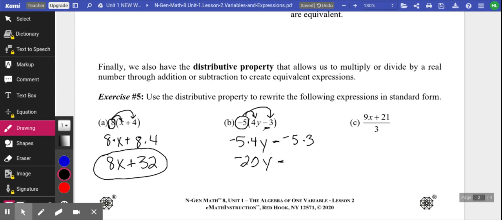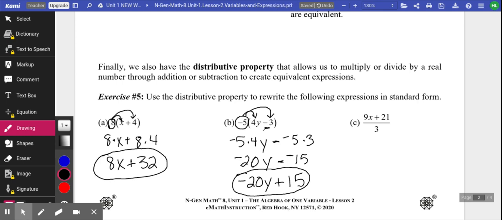Minus -5 times 3 is -15. And then I can use keep change switch since I have minus and negative. So -20y, keep, change minus to plus, and -15 becomes +15. So I get -20y plus 15.